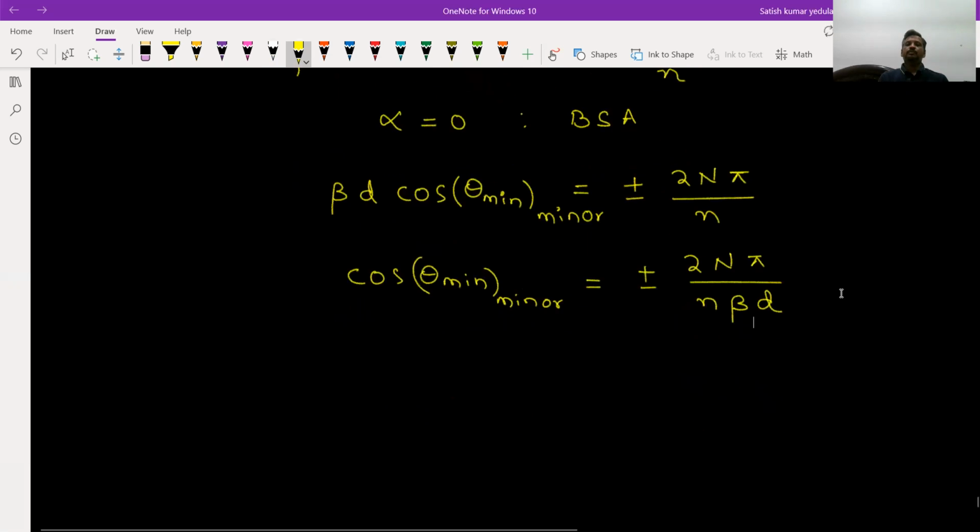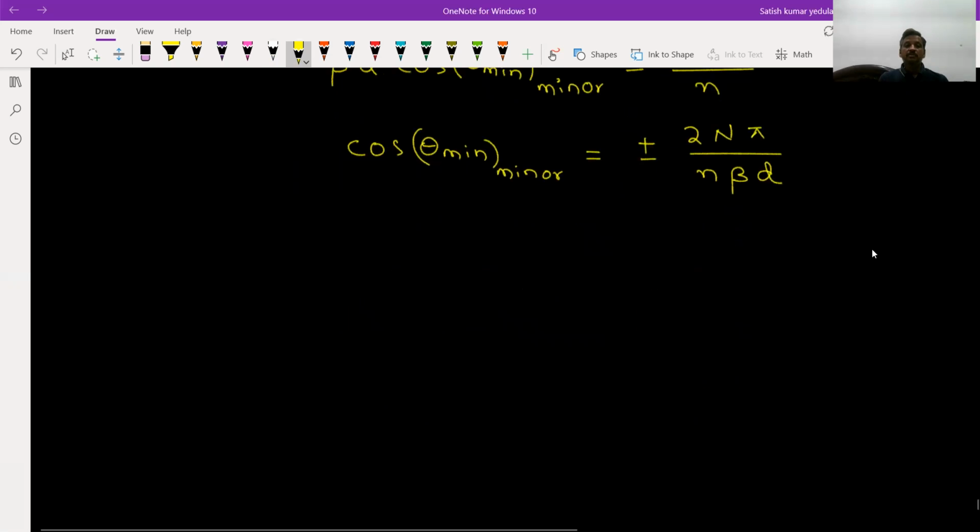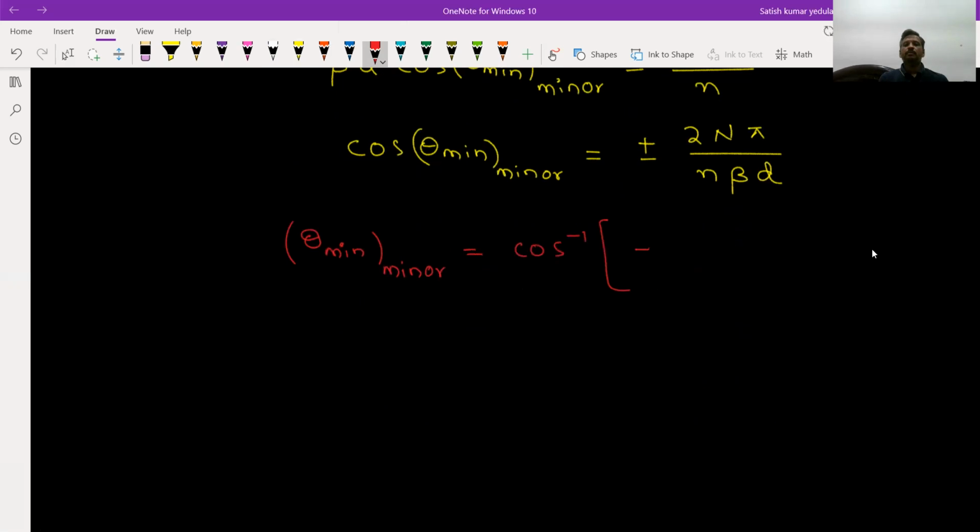Now you can write the expression for theta minimum of minor, or null direction, which will be equal to cos inverse of plus or minus 2n pi by n beta d.